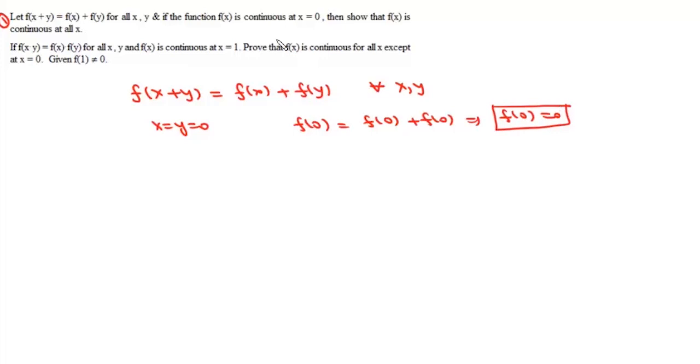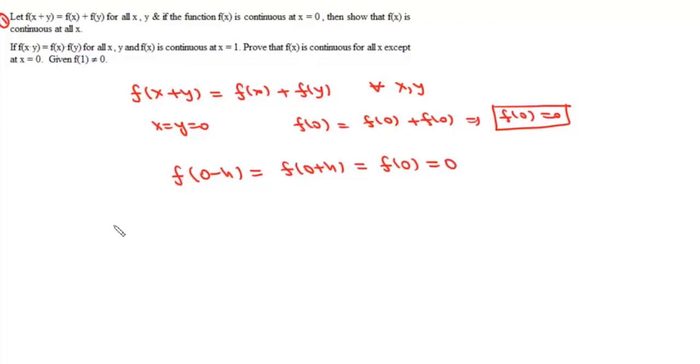Now it says f(x) is continuous at 0. And if f(x) is continuous at 0, that means f(0 minus h) must be equal to f(0 plus h), and it will be equal to f(0), and f(0) in this case is 0. Now we need to show that it is continuous for all x.